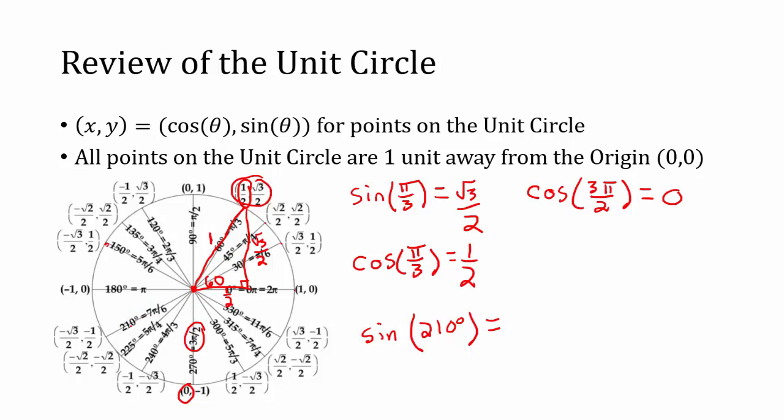So if I was looking for the sine of 210, I'd find 210 degrees. Notice that positioning makes sense. If I started here on the x-axis and rotated halfway around, I'd be at 180 degrees, but going to 210, I need to go a little bit further, 30 degrees more than 180. That puts me right there. What's the sine? It's -1/2.